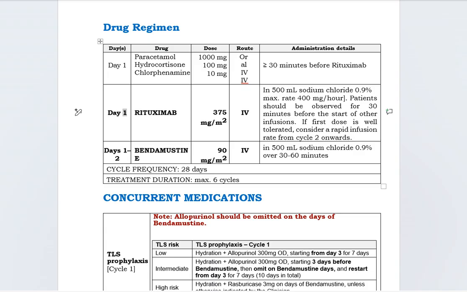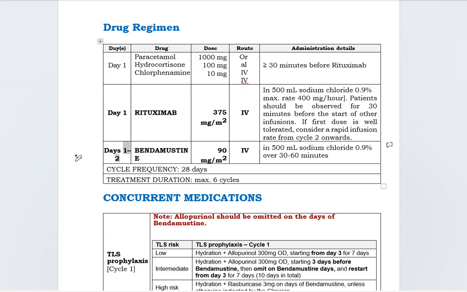Day 1: rituximab 375 milligrams per square meter IV in 500 milliliters sodium chloride 0.9%, max rate 400 milligrams per hour. Patients should be observed for 30 minutes before the start of other infusions. If the first dose is well tolerated, consider a rapid infusion rate from cycle 2 onwards.